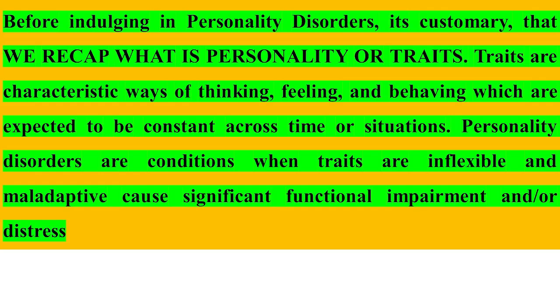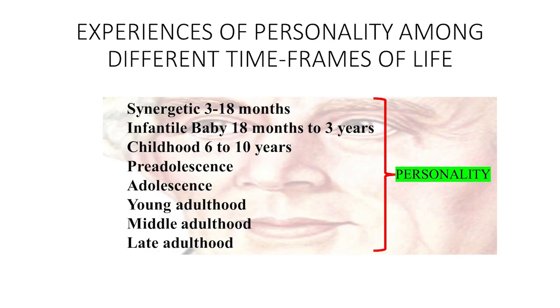So definitely, if we are talking about personality disorders, it should be any abnormality in the way of thinking, abnormality in the way of feeling, or abnormality in the way of behavior. So personality disorders are conditions when traits are inflexible, maladaptive and cause a significant functional impairment or distress towards himself and towards others.